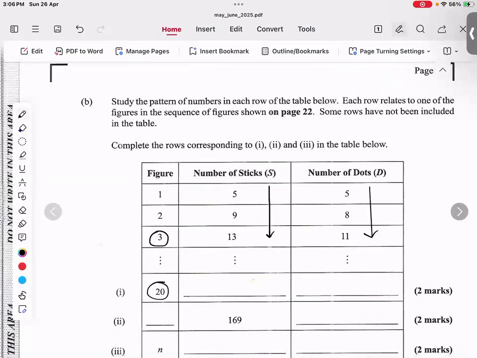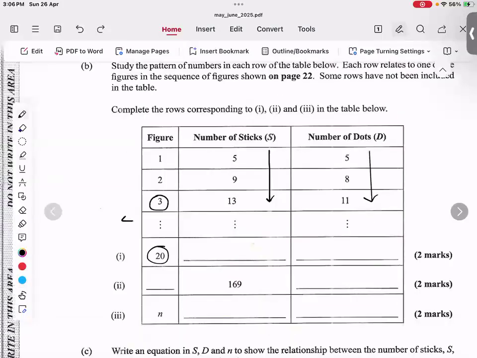For me to find the 20th one, it's not sensible to say 13 plus 4 is the 4th figure, then that answer plus 4. If it is going up by 4, you multiply the number by 4 and add 1 to it.